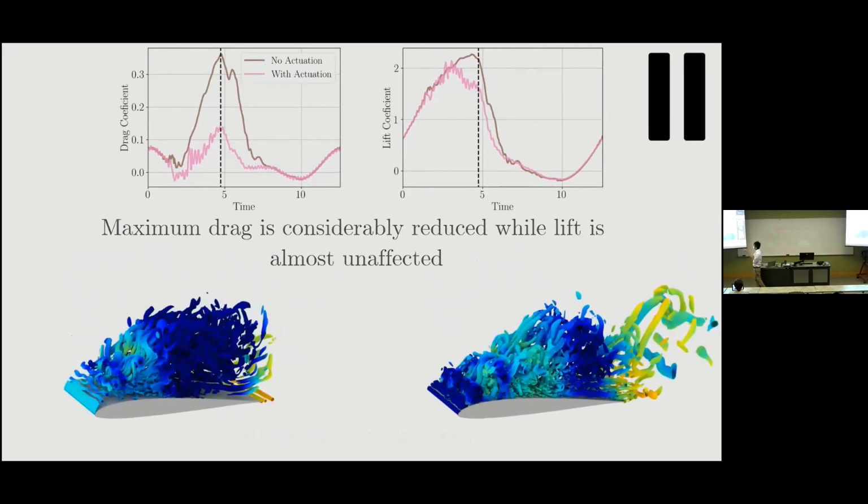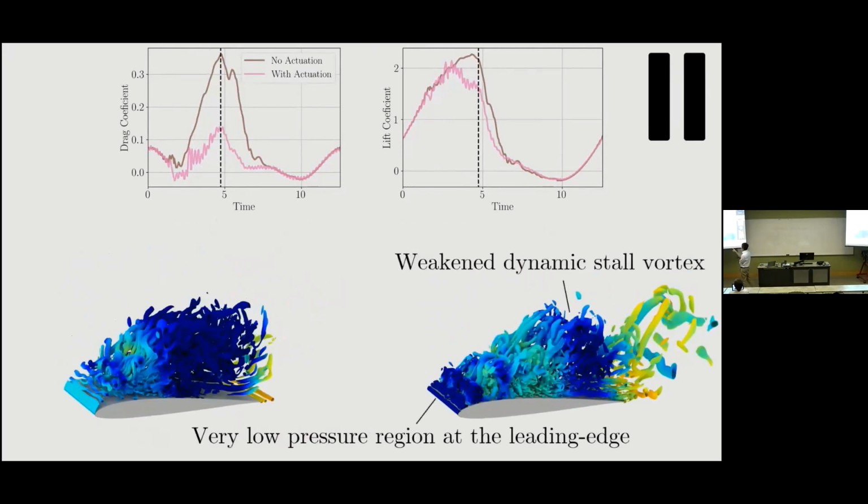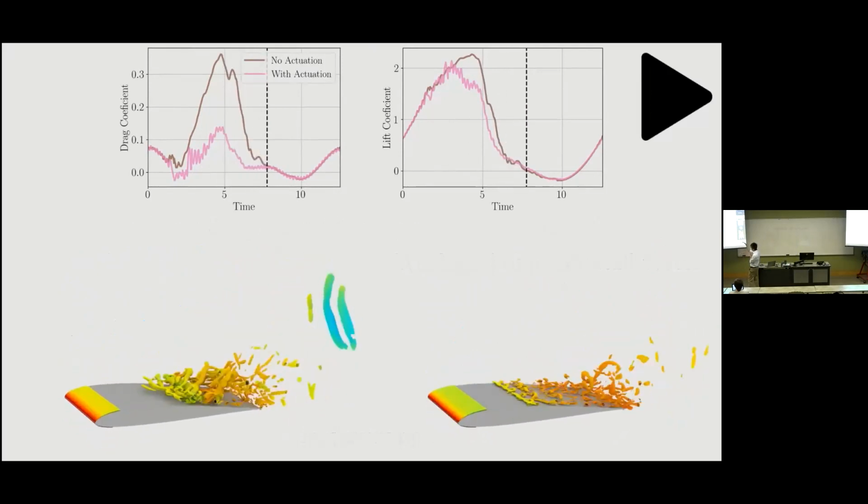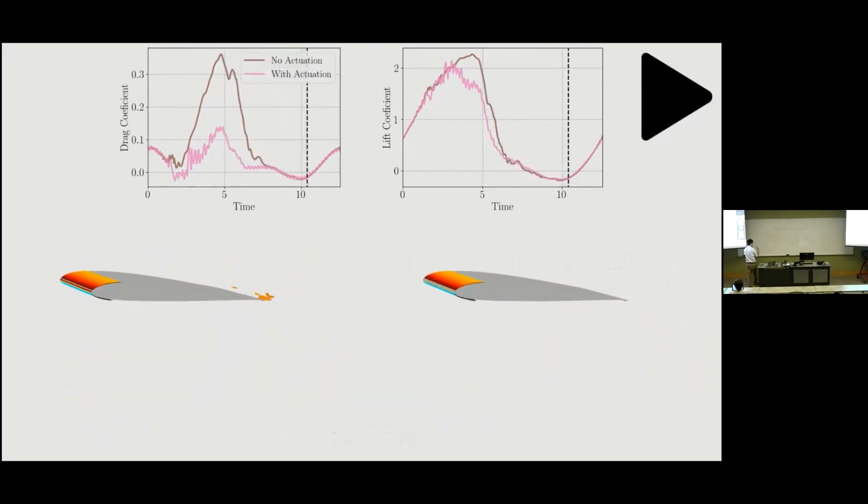At this stage, they're able to reduce the drag quite a bit while approximately keeping the lift at about the same level. Now that's the heaving motion where you pretty much just have attached flow.